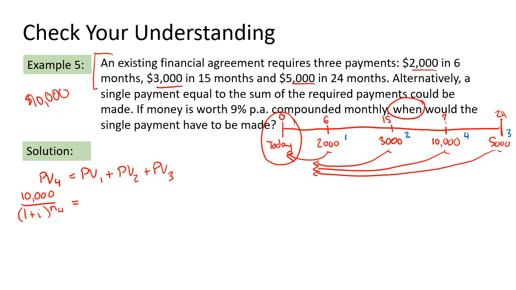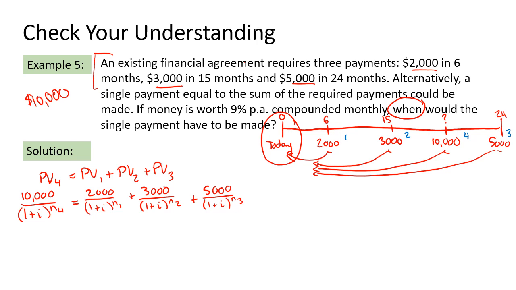Has to be equal to payment 1, $2,000 divided by 1 plus the periodic interest rate, and I'm using, again, the subscript n1 here to denote the first one, plus $3,000, which is payment number 2, divided by 1 plus the periodic interest rate to the exponent n2, plus our third payment, $5,000, divided by 1 plus the periodic interest rate, and that's the exponent n3.